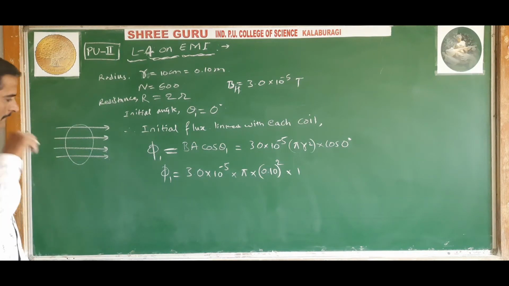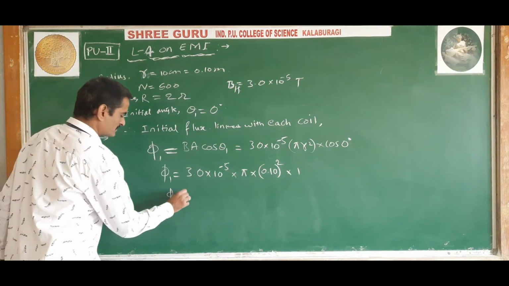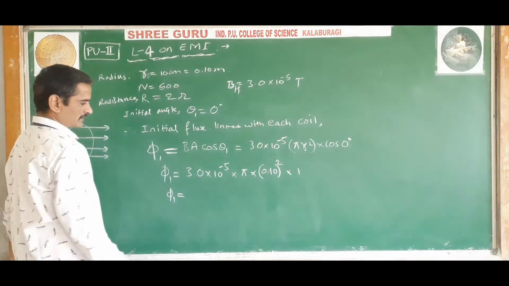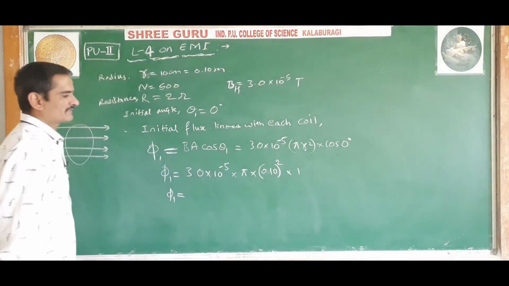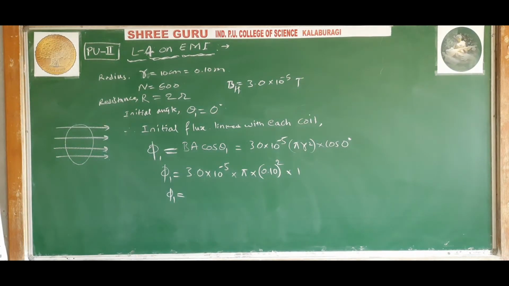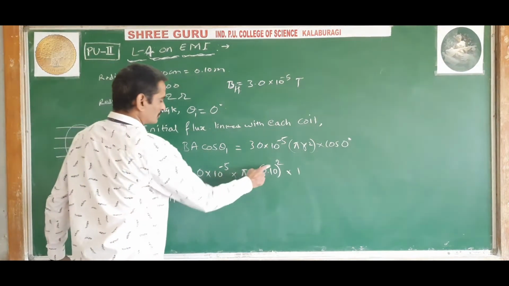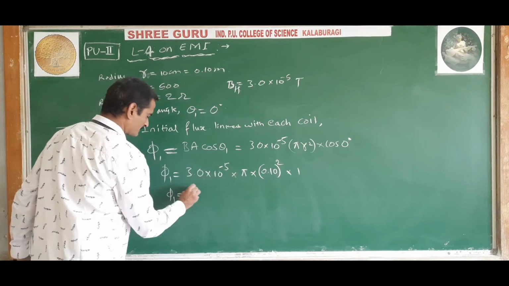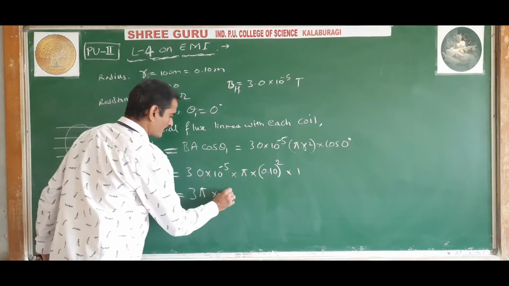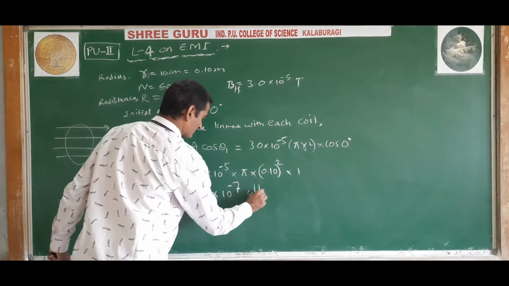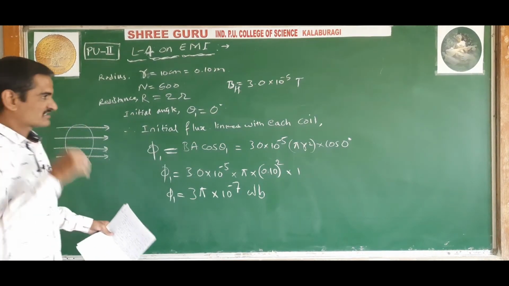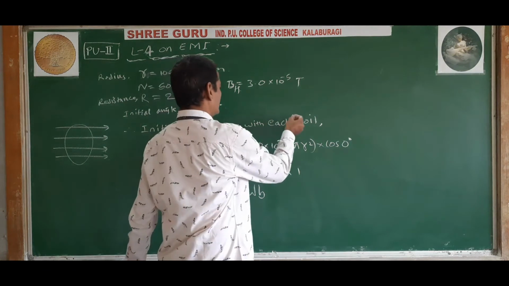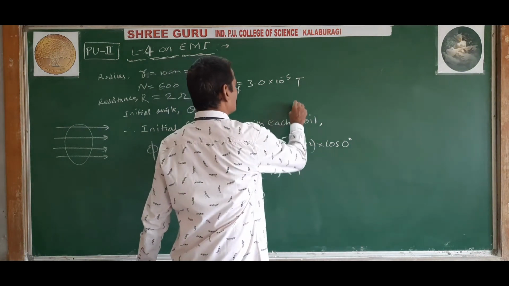So this is 10 to the power minus 2, and you get 3 pi into 10 to the power minus 7 Weber. That is the initial flux linked with each circular coil.